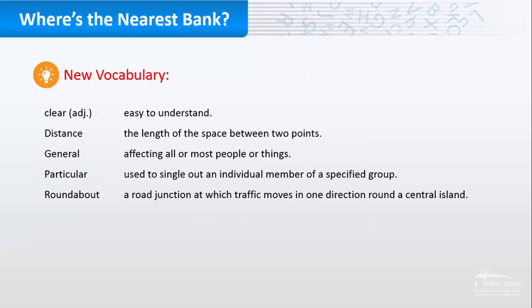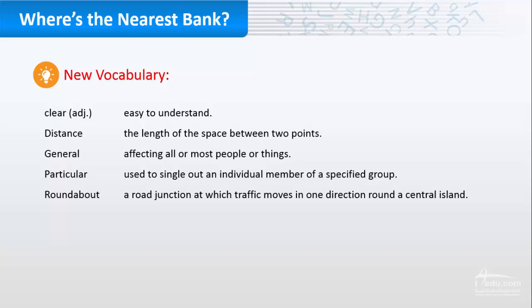So the new vocabulary, we have clear, it means easy to understand. Distance is the length of the space between 2 points. General, it's affecting all or most people or things. Particular, used to single out an individual member of a specified group.